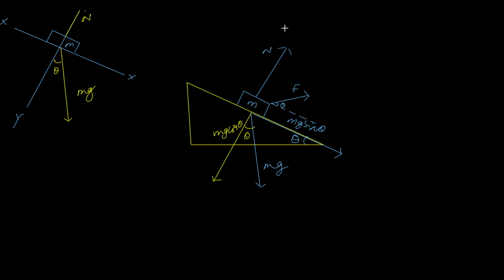Okay, now we have to resolve the components of this force also, so that we get the components along the x-axis and the y-axis. That is simple, we all know it. So F will have one of its components in the x direction, and this angle is already given to be theta, and perpendicular to this component there will be another component which will be acting upwards.